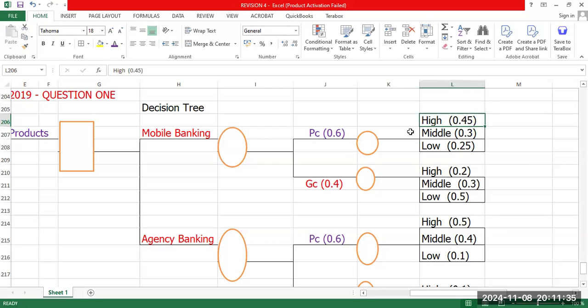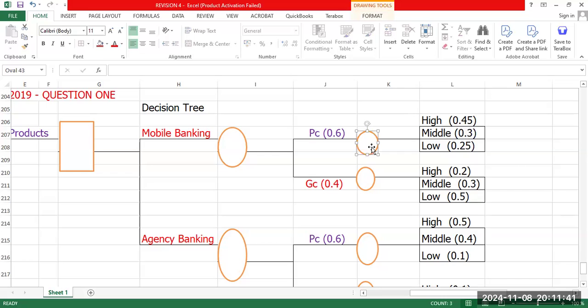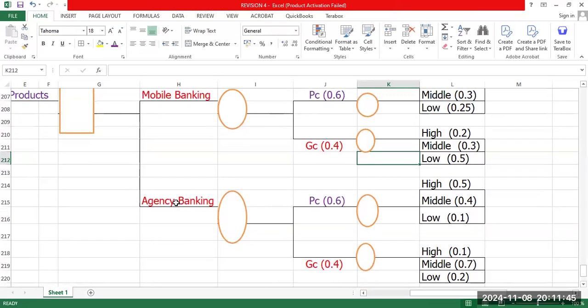So these ones also must start from a circle. Same applies to agency banking, because if you introduce agency banking into the market, you expect platinum customers and gold customers with different income levels.